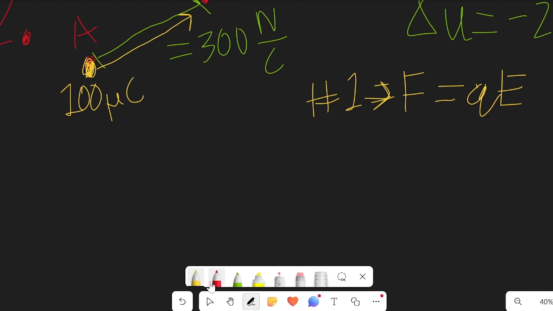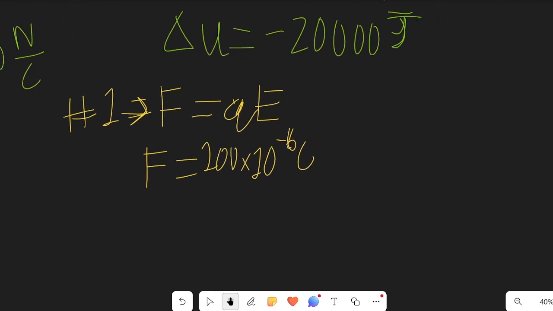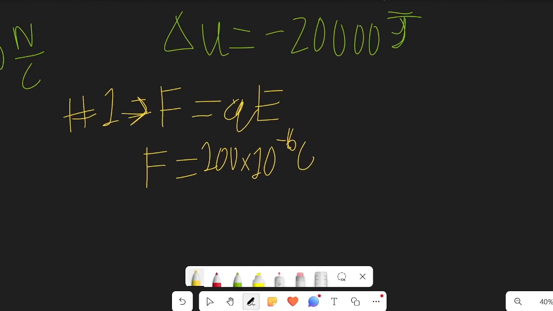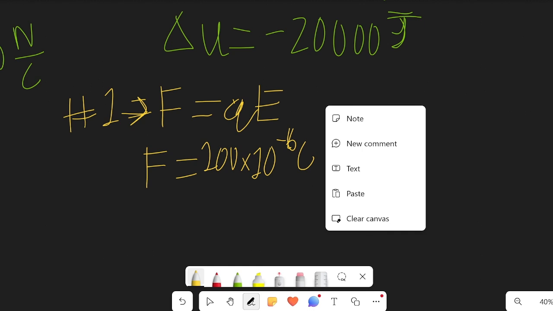So now we have the force, the charge is equal to 100 microcoulombs, so this is 100 times 10 to the negative 6 actual coulombs, and then multiplied by the electric field.